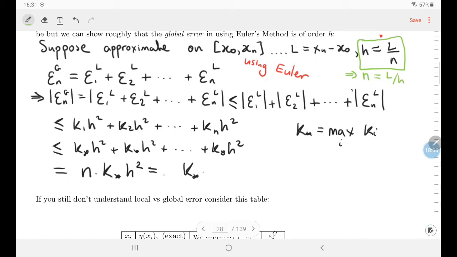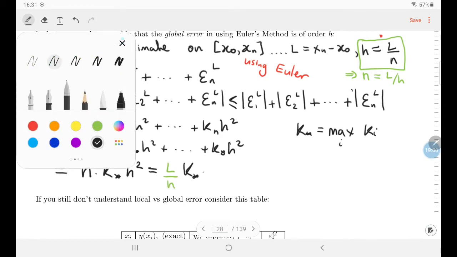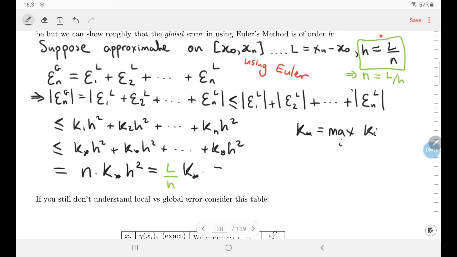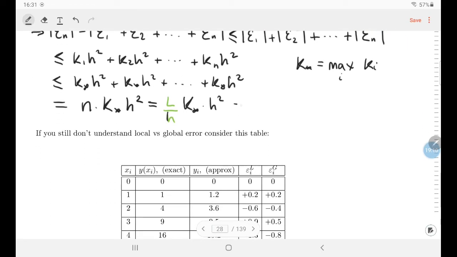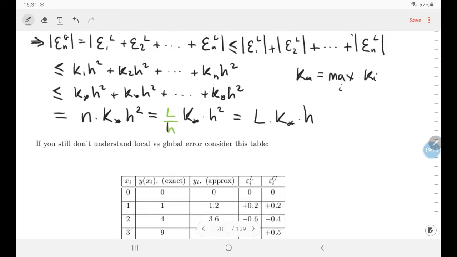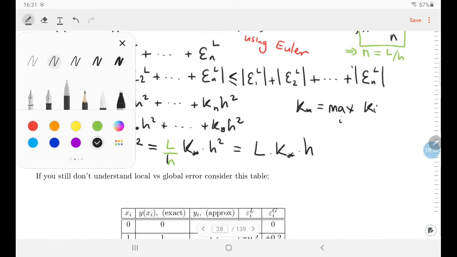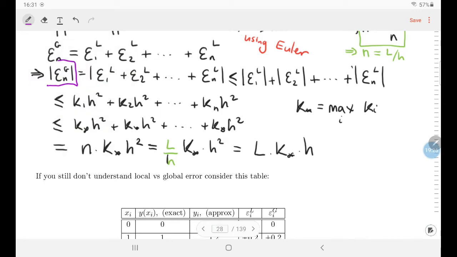So the n here is l divided by h times h squared. And h squared divided by h is h. So you get l k star h. So what we've actually written eventually is that the global error, which we'll explain, is less than or equal to a constant times h.